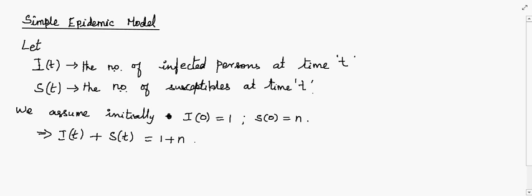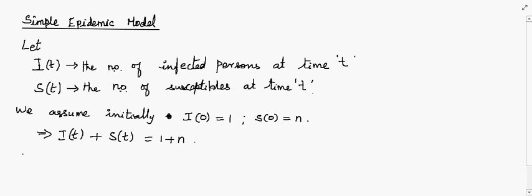Now the number of infected persons grows at a rate proportional to the product of susceptibles and infected persons, and also the number of susceptible persons decreases at the same rate.